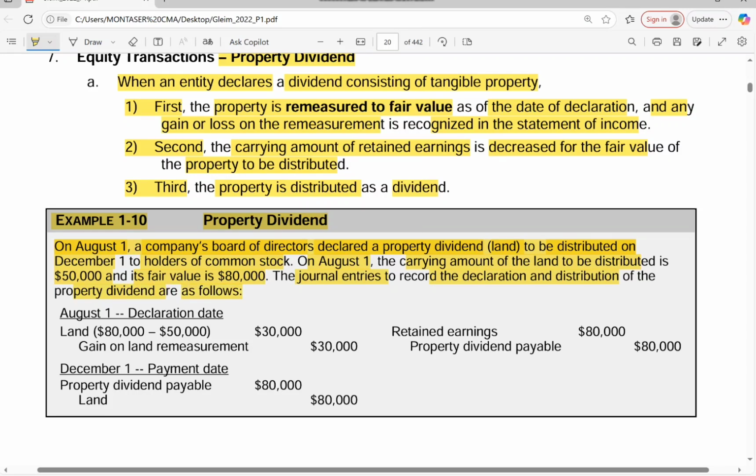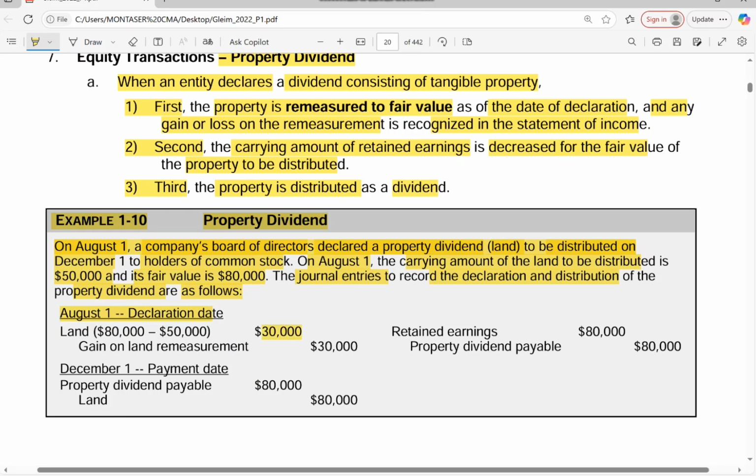We have three journal entries. We have two journal entries on the date of declaration. The first step, we must remeasure the property, or the land, to its fair value. When we compare the land's carrying amount and its fair value, we have a gain of $30,000.